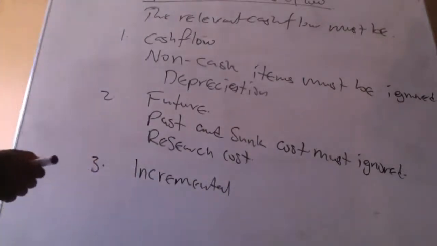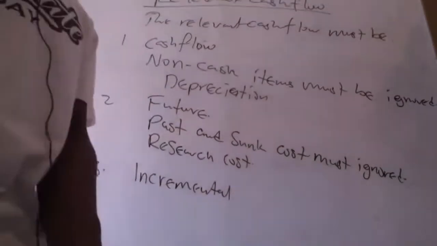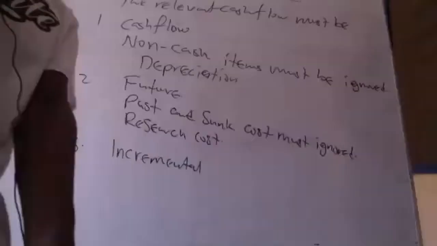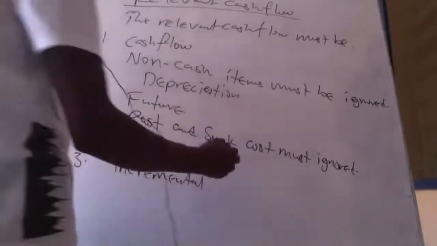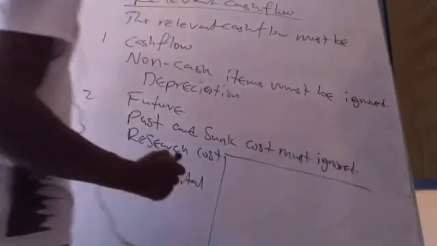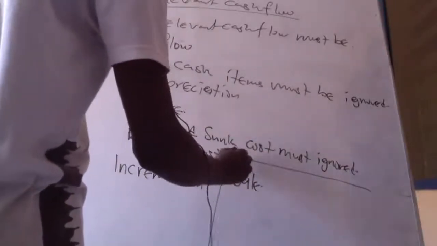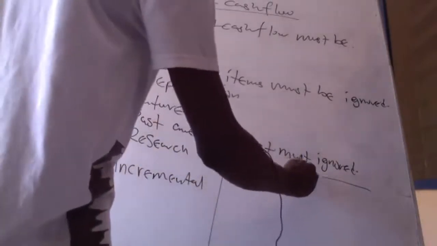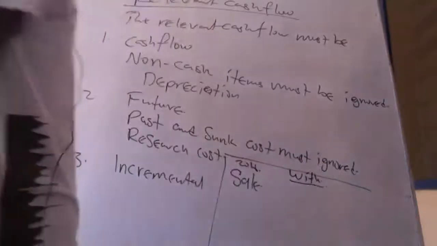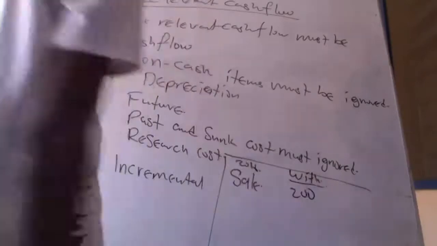Let me probably do a very short quiz here. It will probably explain the incremental well. Assuming that our sales revenue, maybe for 2016, with the project, taking into consideration the project, the sales revenue is 200,000.